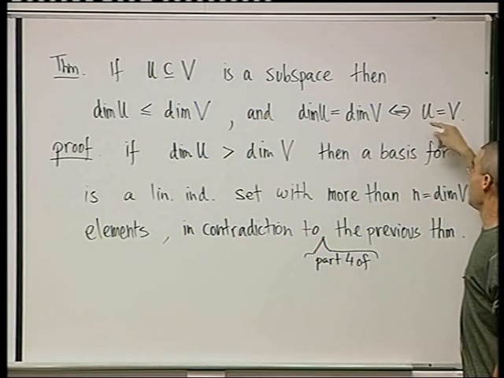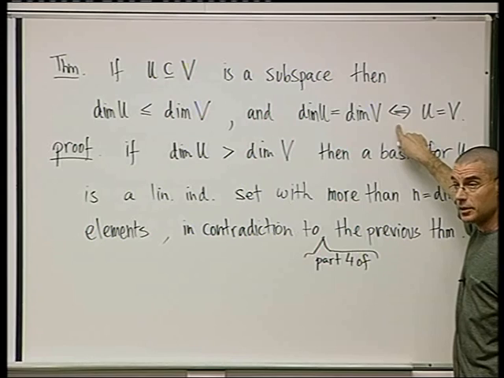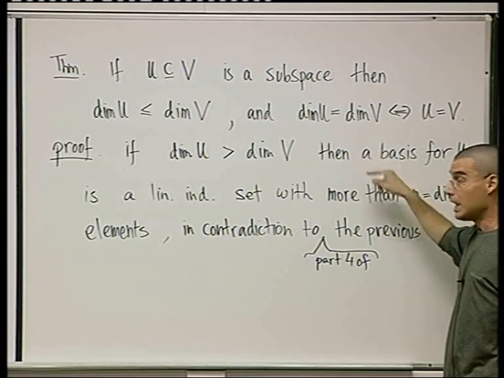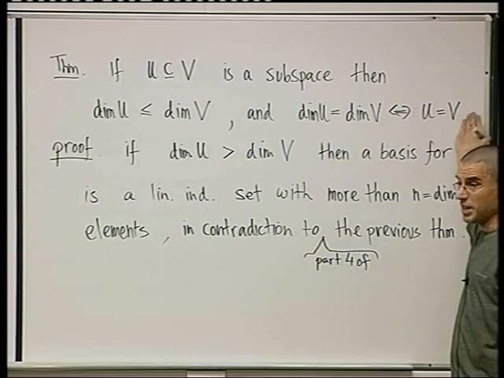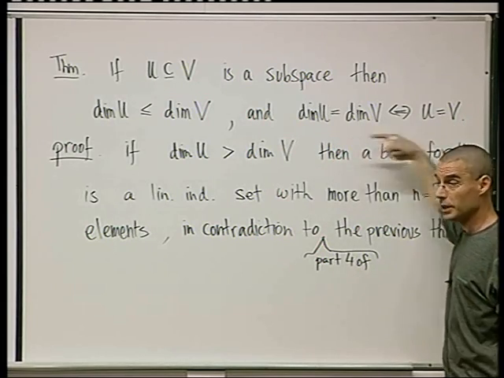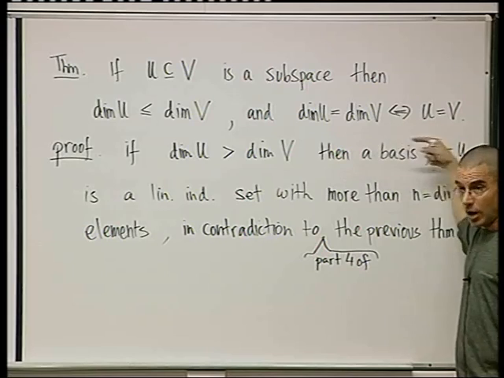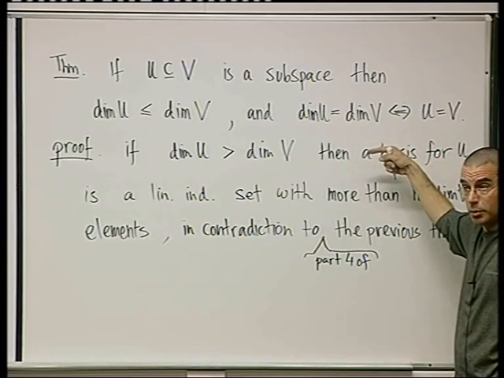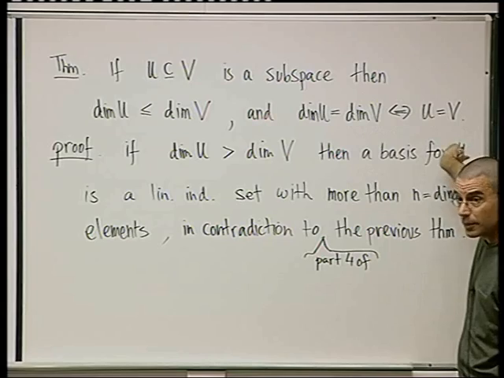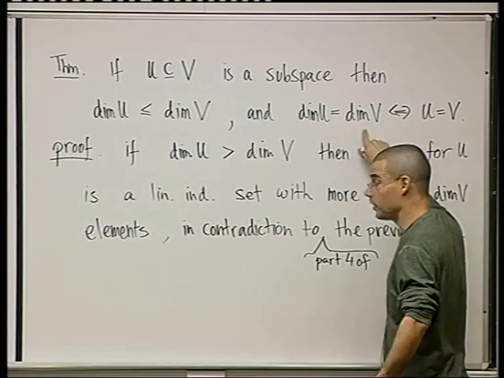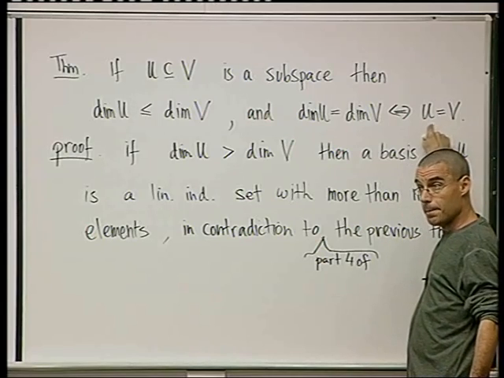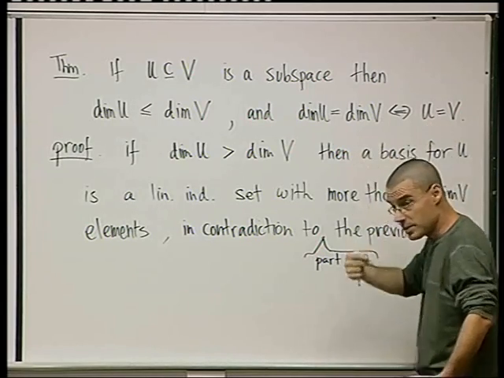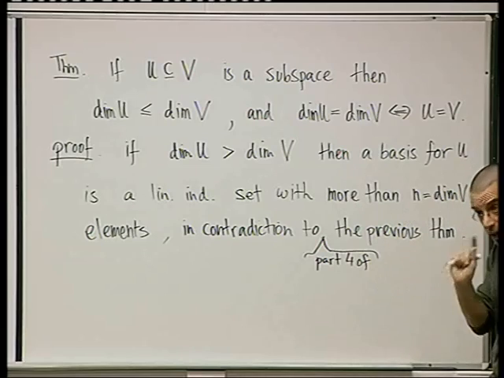Well, this is an if and only if statement, so we need to prove two things. If U equals V, obviously they have the same dimension because they're the same thing. So this direction really is a trivial statement. There's nothing to prove. What we need to prove is this, that if the dimension of U equals the dimension of V, then they're the same space. Okay? And this is, it's not hard, but it's not a trivial statement.